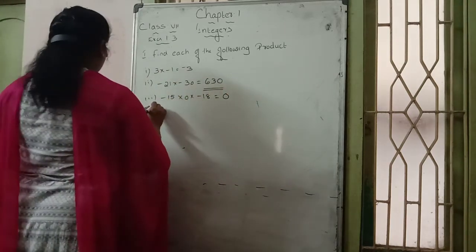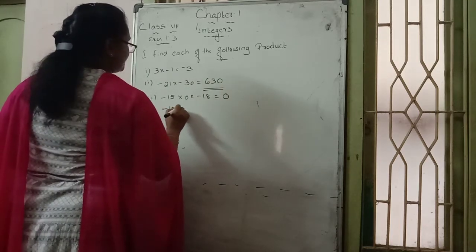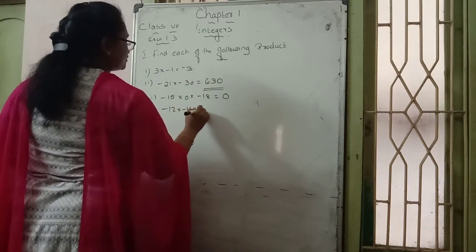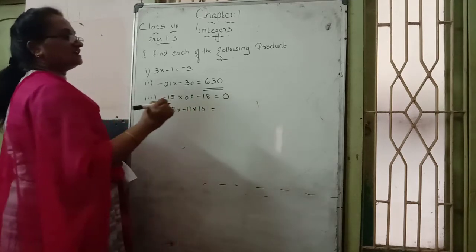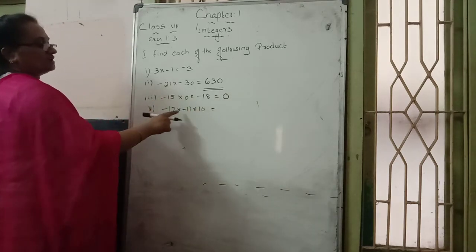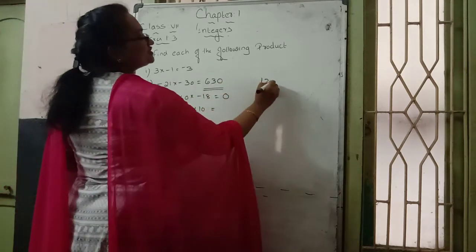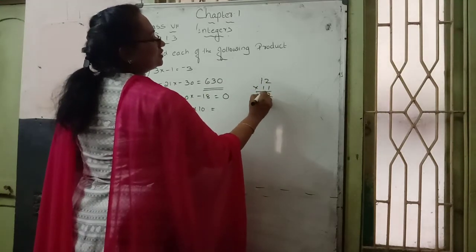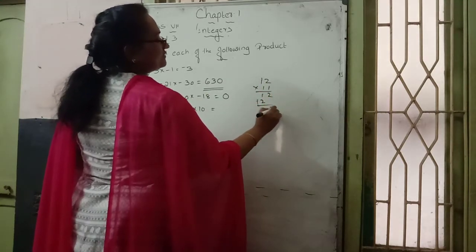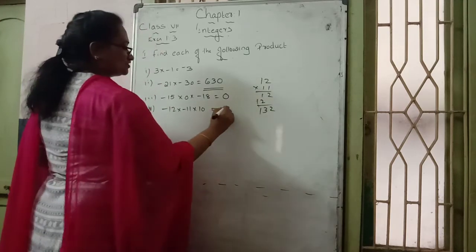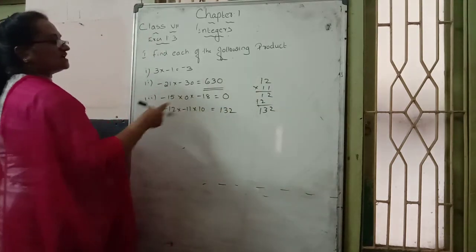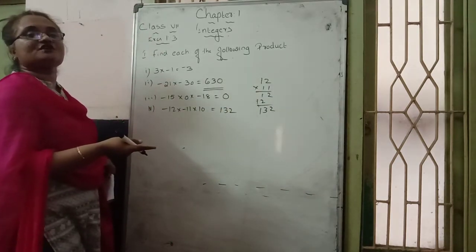Then next, the fourth case: minus 12 into minus 11 into 10. How much is the answer? So here, how much will 12 into 11 be? First we multiply. 132 will come. That answer is multiplied with the third number. Which number? 10.